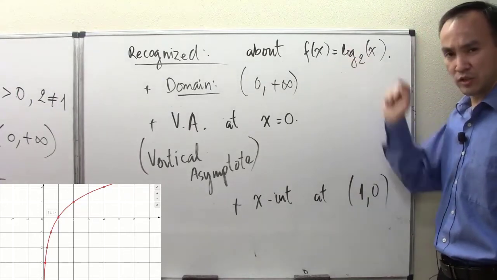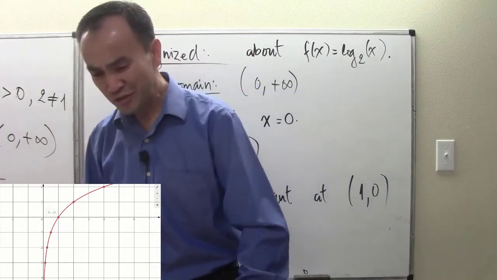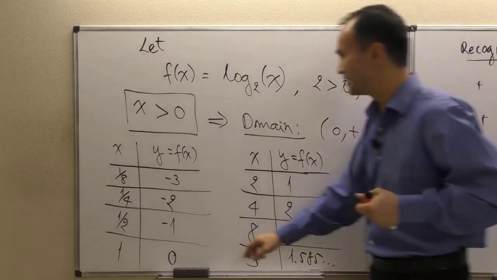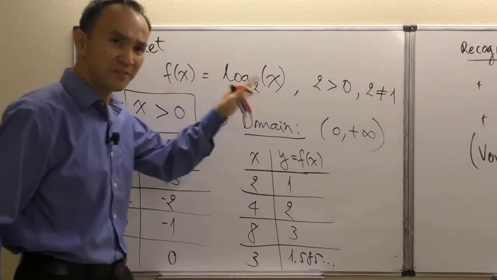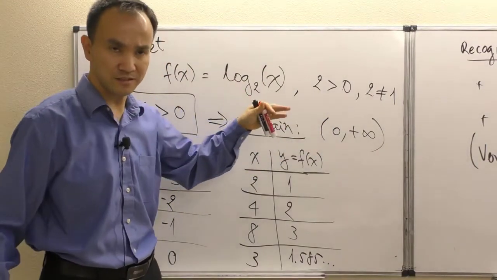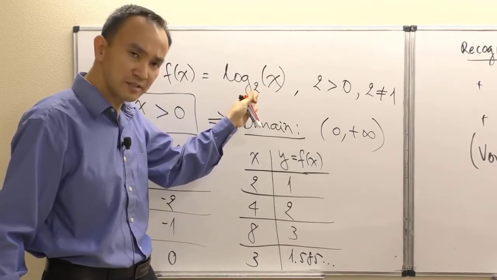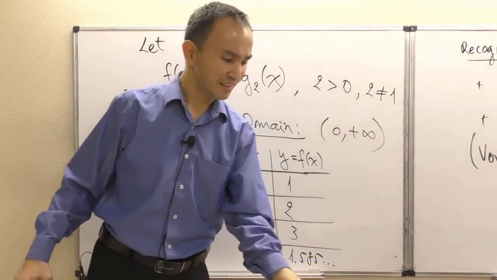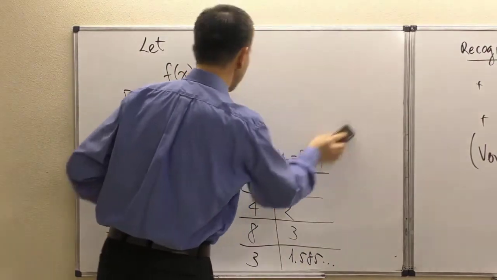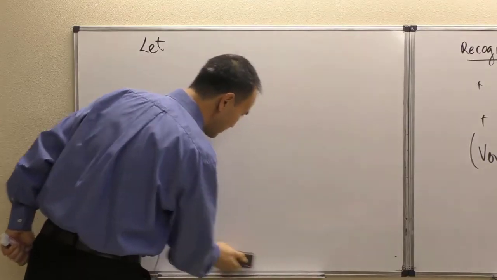Now think about this: what if I define a function using a logarithm operation, but with another base? Because right now I focus on base 2. So what about bases other than base 2?